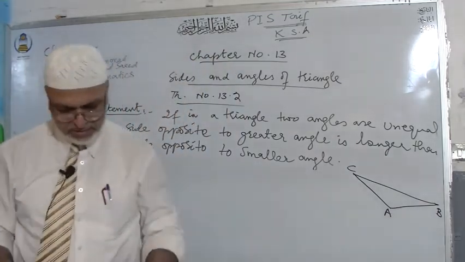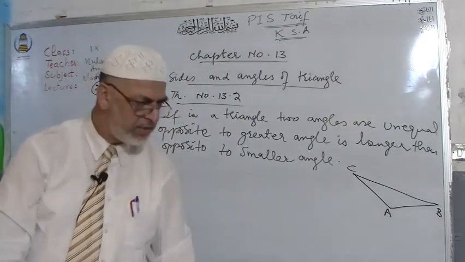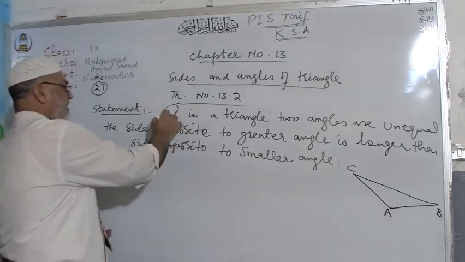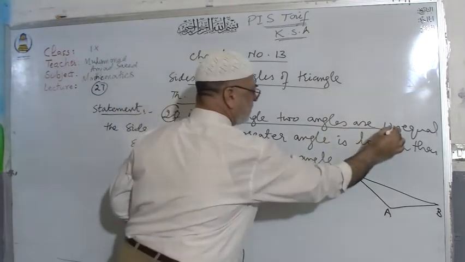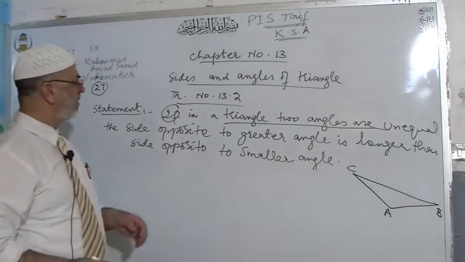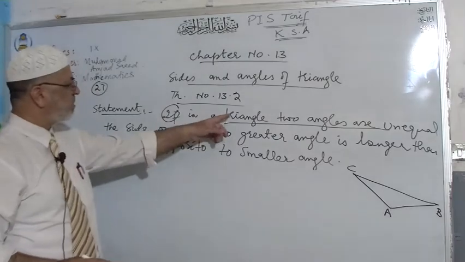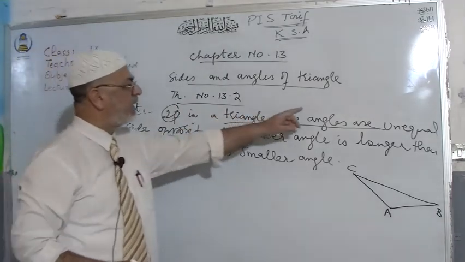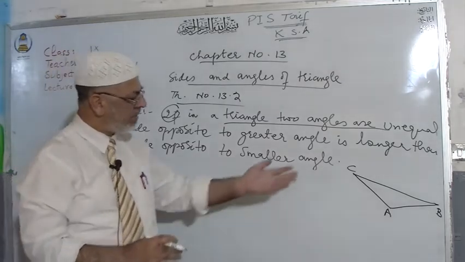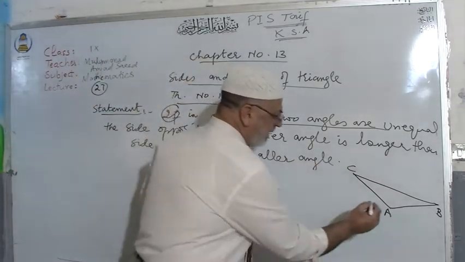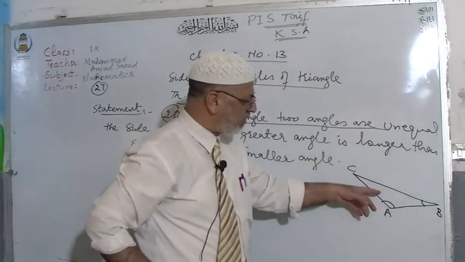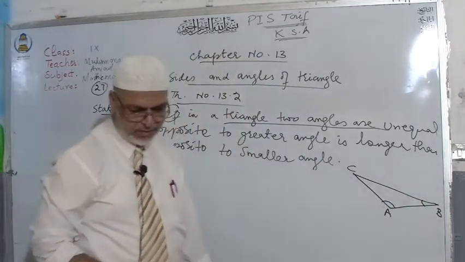Dear students, very easy but converse. This time this is given. There is a triangle and two angles are unequal. In triangle ABC, angle A is greater than angle B. You can easily check that this is an obtuse angle and this is acute.